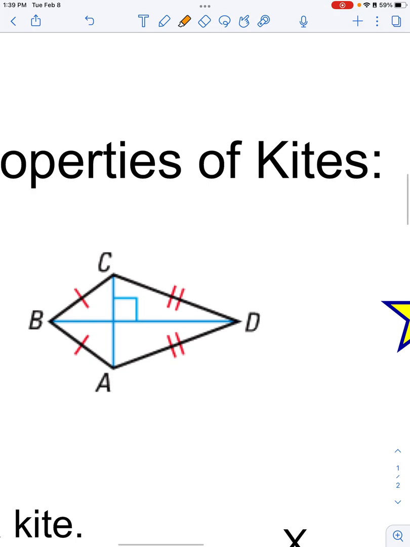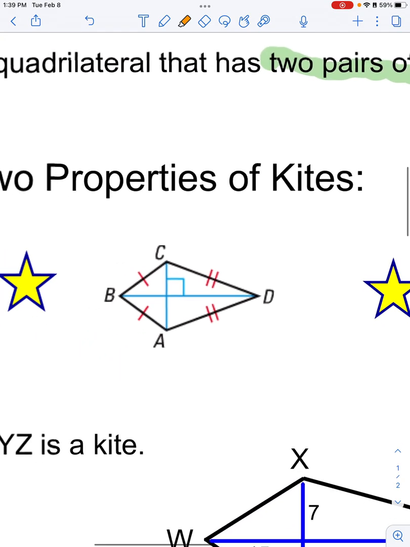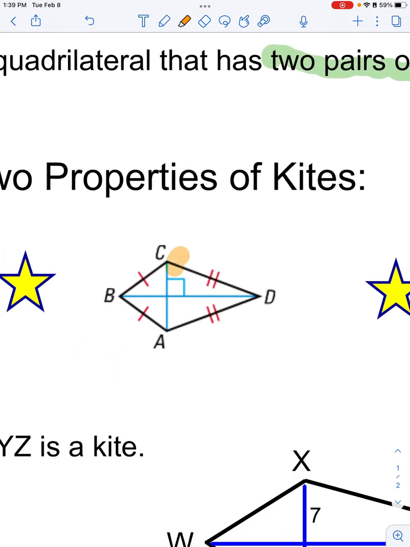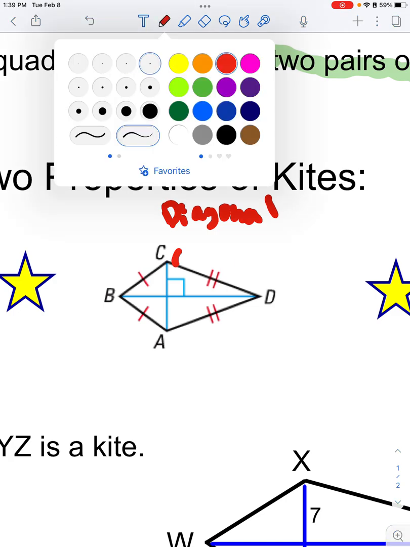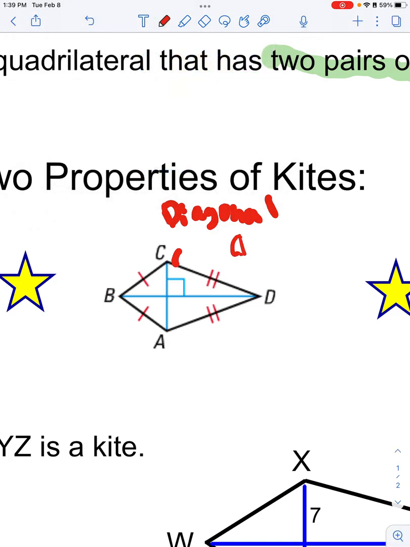So there are kind of two properties of kites. One is that their diagonals create a 90-degree angle. So let's write that down. Diagonal (90-degree).